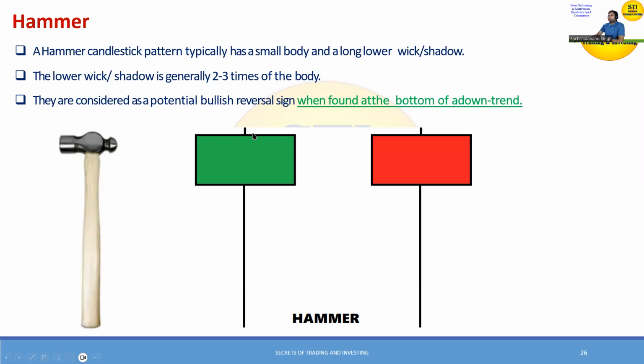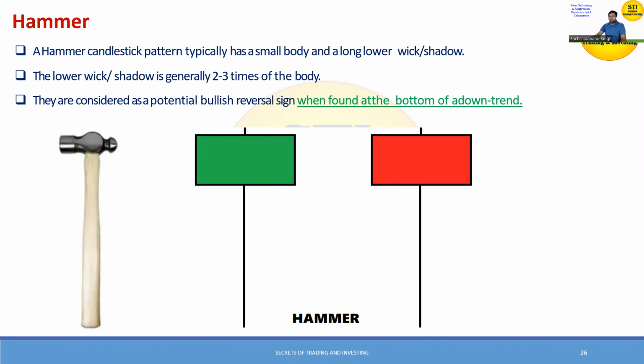Okay, so the color of the body does not matter, whether it is red or green. In both situations, it will be treated as a bullish candlestick pattern. In a normal scenario, the size of the wick should be around 2 to 3 times the body of the candle. As I said, it is more of an art, so there is no exact measurement of 2 times or 3 times.